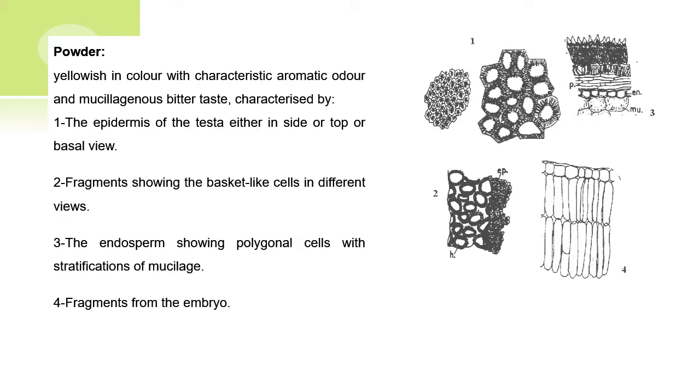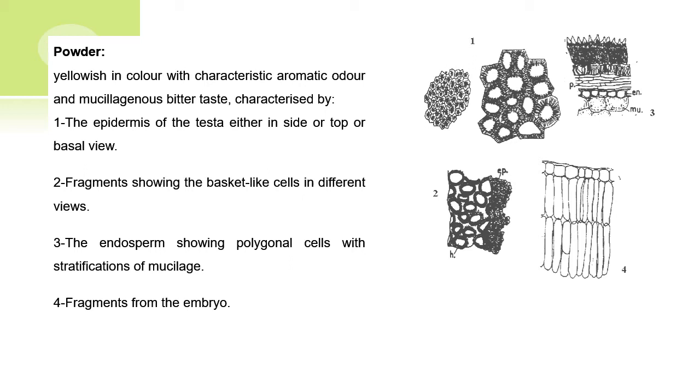Powder of fenugreek is yellowish to yellowish green in color, with characteristic aromatic odor and a mucilaginous, faint bitter taste. Microscopically, the powder is characterized by the testa in different views.